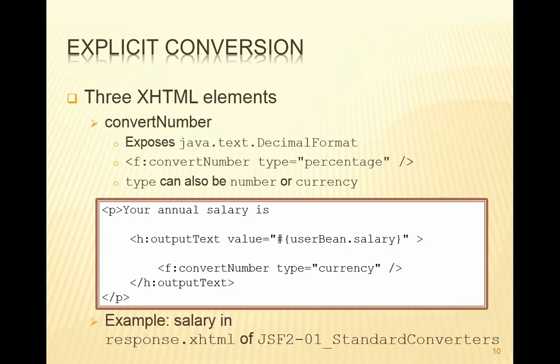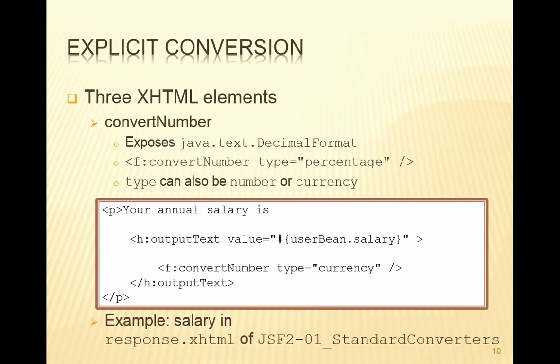It's going to return a double value, and we want that double value to be displayed as a currency. In this example, we're using convert number and specifying type equals currency. So the double value will then be output as a currency. There are two other possible values for type, and that is number and percentage.